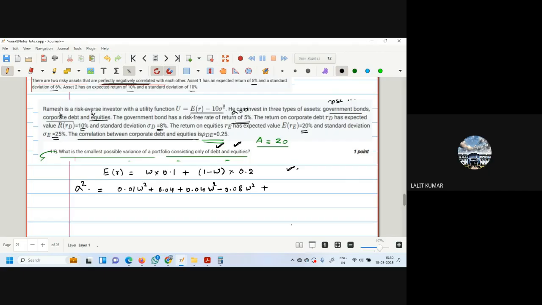And then we get 2 into W into 1 minus W, and rho DE they have given, so this is the correlation coefficient, not covariance. So this will become 0.25 into 0.08 into 0.25. Has everyone understood this equation?